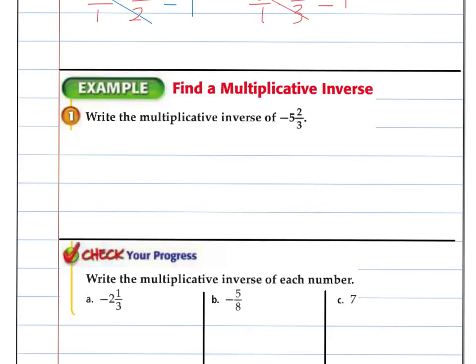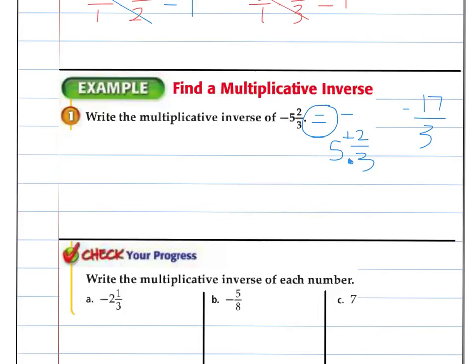In this case, we have negative 5 and 2/3. So we want to first write that as an improper fraction. So we know it's negative. This is where we know that the 5 represents 5 wholes, 3/3 each. So that's 5 times 3, which is 15, plus 2. So we actually get a negative 17/3. Now that's equivalent to this.